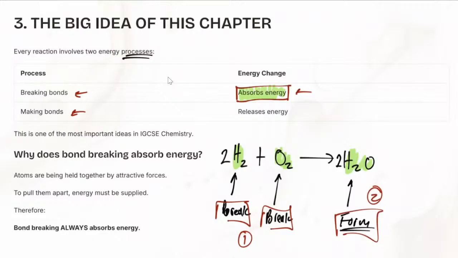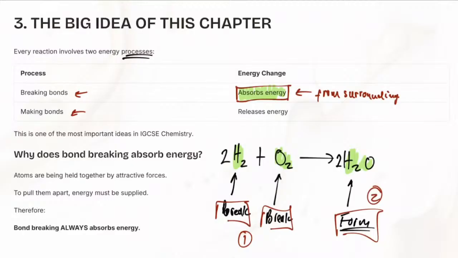It absorbs energy from the surroundings. So for a reaction to occur, the reactants need to break the bonds they have, and this absorbs energy from the surroundings. In every single reaction this happens.